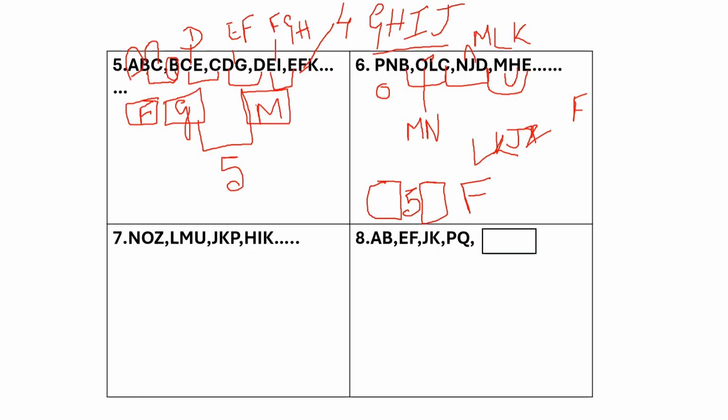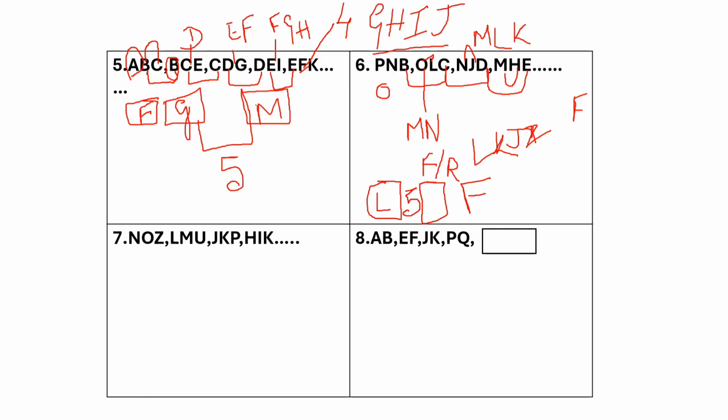That is L. Now I have to check whether we have to leave 5 letters. Two options will come. One is F, another one is R. We have to select between these. We have to check the second series. It means N, L is there. Next J is there. H is there.